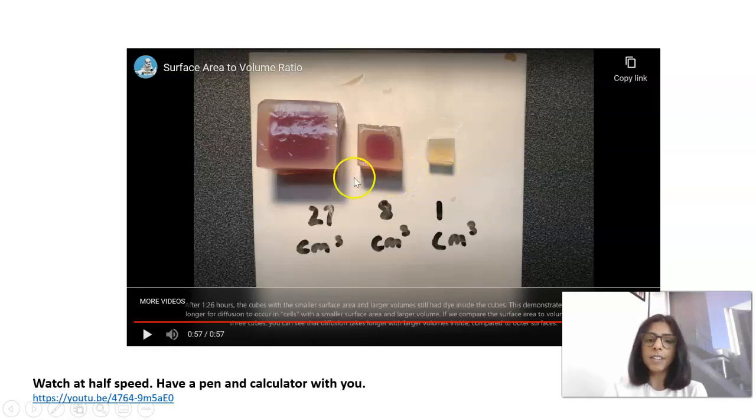Now, when we calculate ratios, it's easier for us to compare them, and we can see that even though each of these cubes have 6 sides, the total surface area of the smaller cube with respect to the volume inside is greater. So this means there is more surface compared to the volume inside that cube, which means that diffusion will happen faster. And that's really important because this is a really good visual to show us what goes on inside a cell in your body.